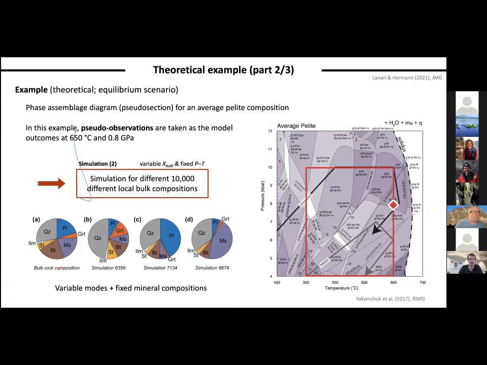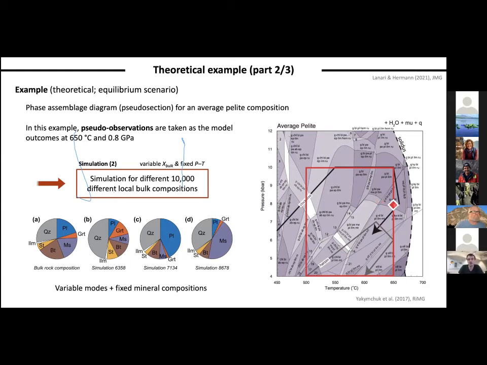Here you see an example of how it looks. This is the bulk rock composition. Then we have one simulation here with a lot of garnet, one with a lot of plagioclase, one with a lot of muscovite. This matches what you usually observe in natural metapelites formed at these PT conditions: regions with more muscovite, regions with more plagioclase, and regions with more garnet.